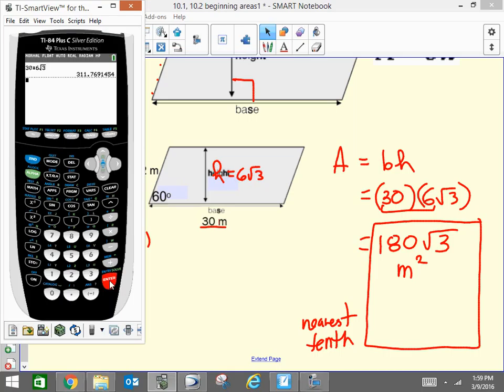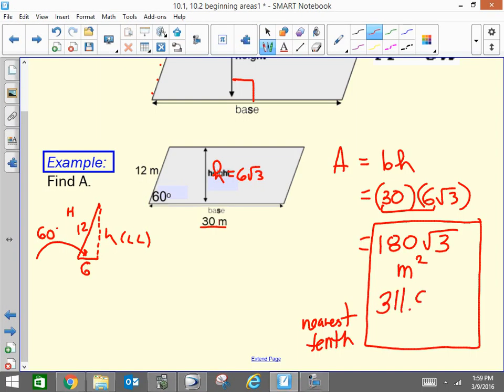Or if Madeline had already done that for us, we could do this same idea. So Mackenzie, what is that to the nearest 10? Good job. And it's still square meters because we took a meter times a meter. Meter times a meter is m squared, just like x times x is x squared.